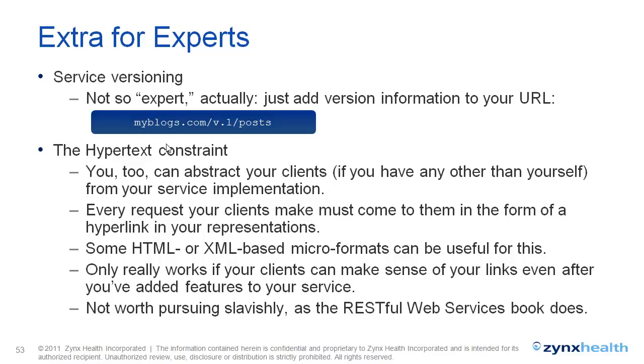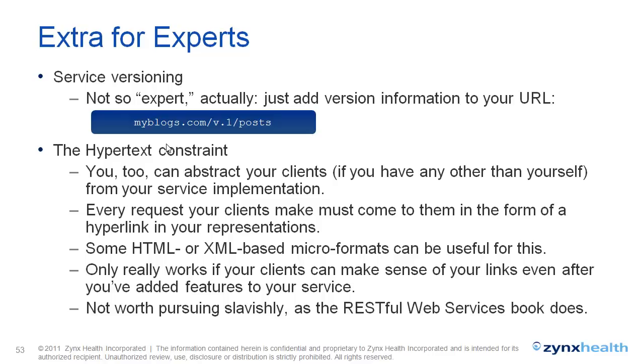It can change its representation of URLs, change the hierarchy, add layers, switch things around, whatever. And as long as the client knows what to do with particular kinds of links in the representations that you return, then the client is insulated from these kinds of refactorings. And there are microformats or XML-based formats, HTML-based microformats that actually attempt to provide this kind of abstraction of representation.